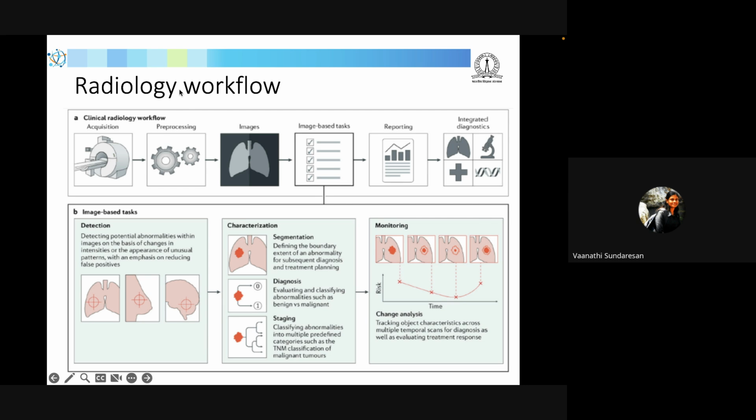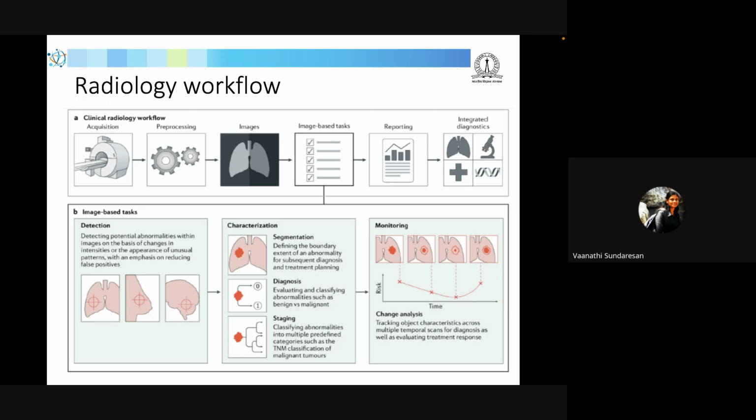And then pre-processing. A part of acquisition deals with how to improve the image quality, and the protocol design for maintaining the image quality. But even then, some pre-processing might be required to make the images better. And even if you have very good quality images, some pre-processing might be required to put the images in the prescribed format and so on.